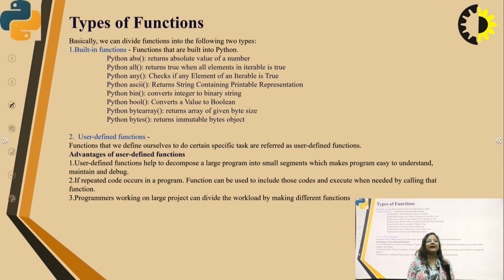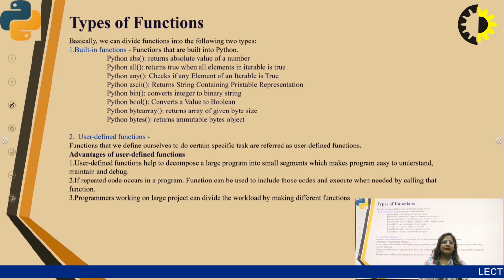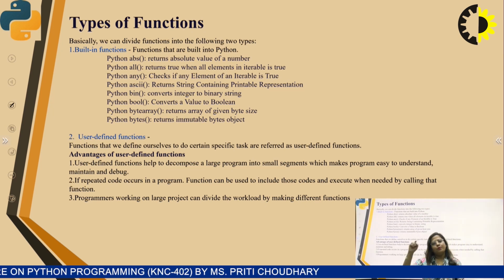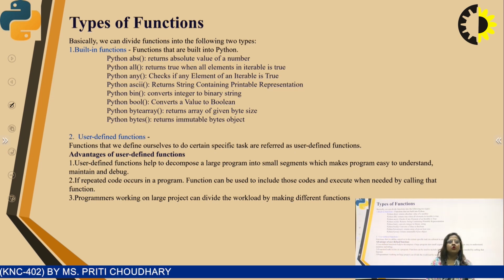First one is Python abs, which returns the absolute value of a number. Means any number, you return the absolute value. Second one is Python all. The Python all function returns true when all elements of the iterable are true. Means if all looping values are true, then the output is true. Third one is Python any.